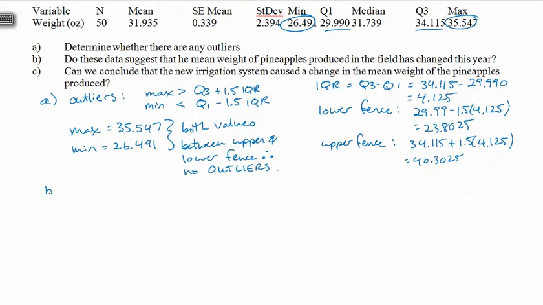For part B, do these data suggest that the mean weight of pineapples produced in the field has changed this year? So we're going to do state, plan, do, conclude. The mean is the mean weight of pineapples in the field.